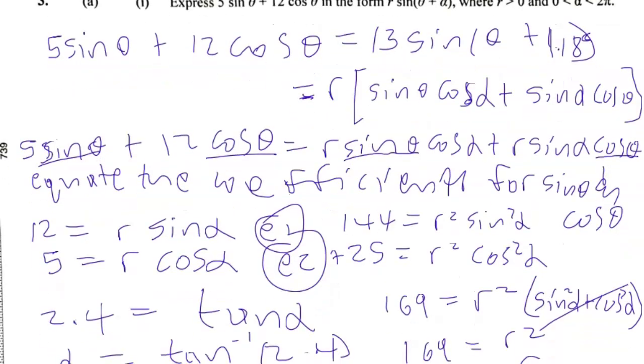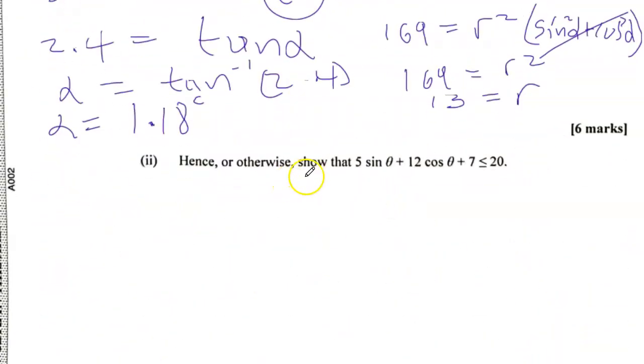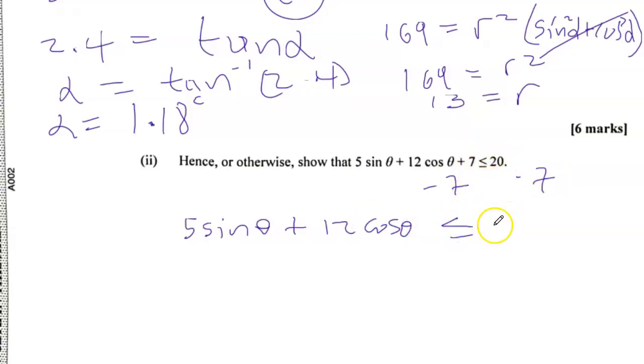In part B, we are asked to hence or otherwise show that 5 sine theta plus 12 cos theta plus 7 is less than or equal to 20. One thing we could do is subtract 7 from both sides. So we have 5 sine theta plus 12 cos theta on the left, and 20 take away 7, 13, on the right.